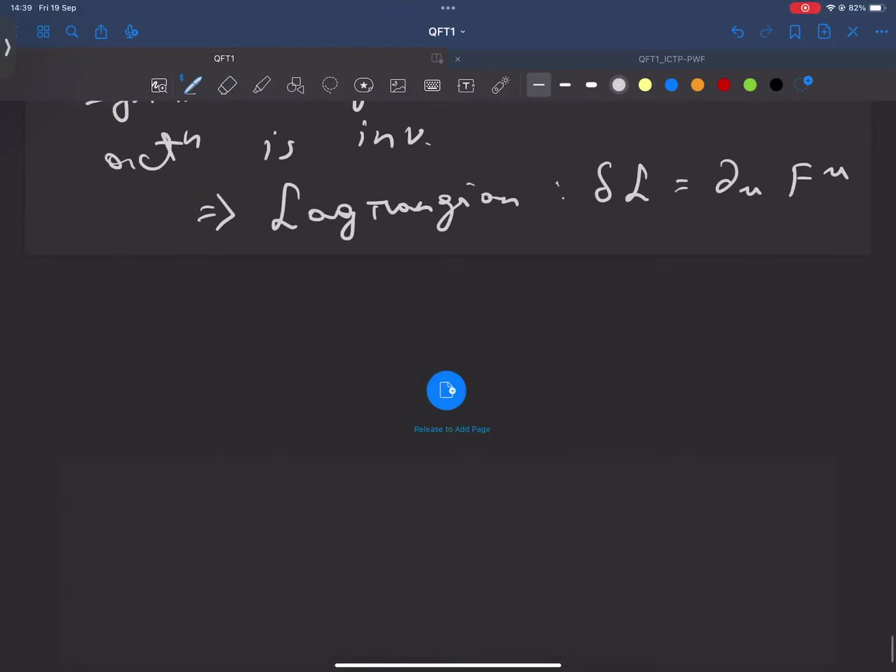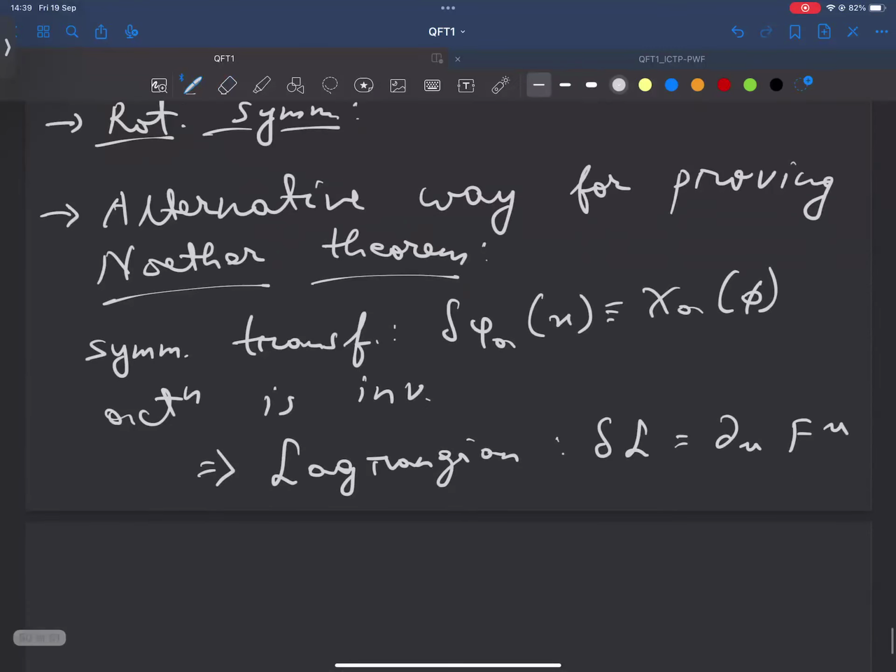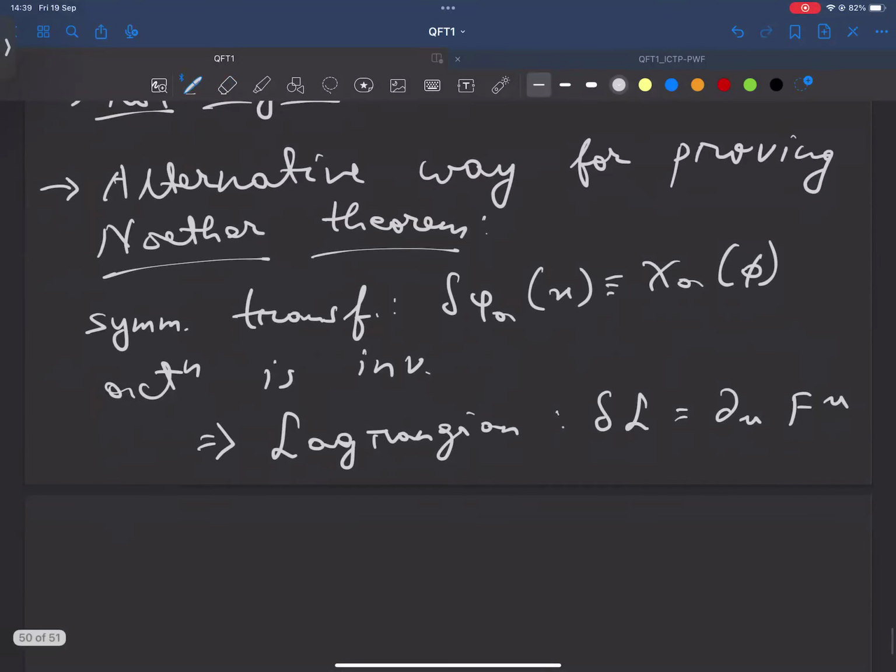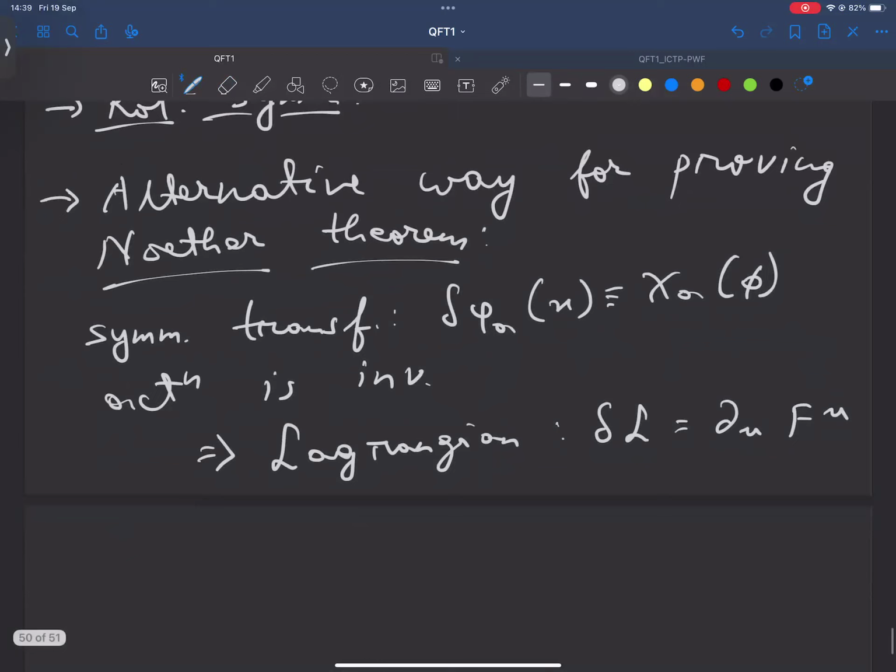Because then you can drop it by integration by parts, ignoring boundary terms, okay? So if the Lagrangian changes by a total derivative, then under the transformation, the action is invariant, right?